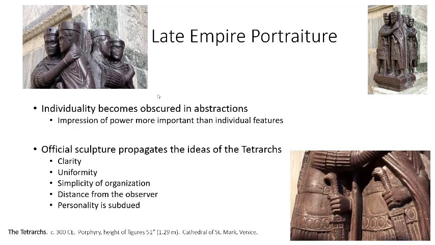So individuality becomes obscured in abstractions, and the impression of power is more important than individual features. Official sculpture propagates the ideas of the tetrarchs, i.e. the four leaders there. Those ideas are clarity and uniformity and simplicity of organization, distance from the observer, and personality, which is subdued.